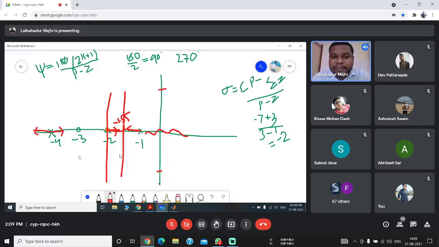Similarly, on the right side of the pole-zero formation, only this region will lie on the root locus. So we know the root locus will start from an open loop pole and it will terminate on an open loop zero. The root locus will start and end here only for this branch. Okay, but this branch will go to infinity.